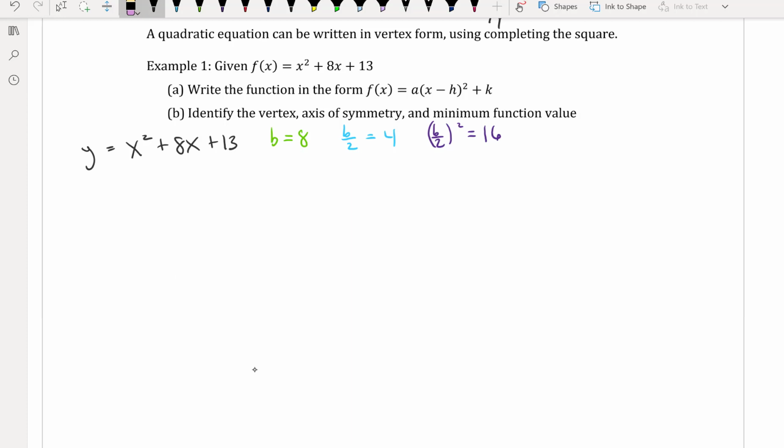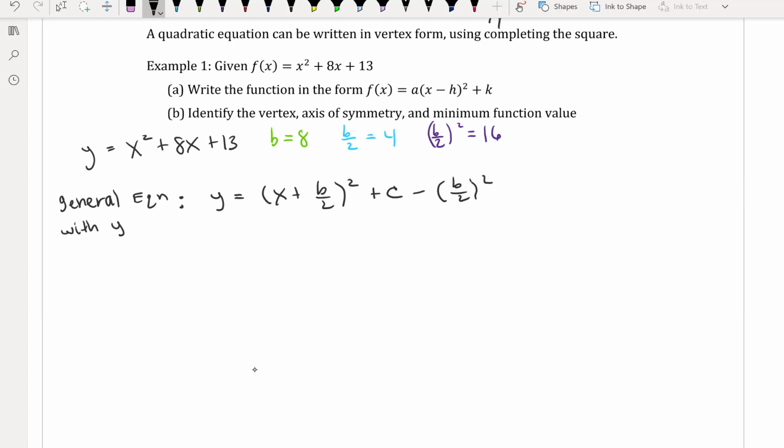So my general equation with y is going to be y is equal to x plus b divided by 2, squared, plus c minus b divided by 2, squared. Okay, that's because I don't have 0 anymore, so I just have to be a bit more careful.